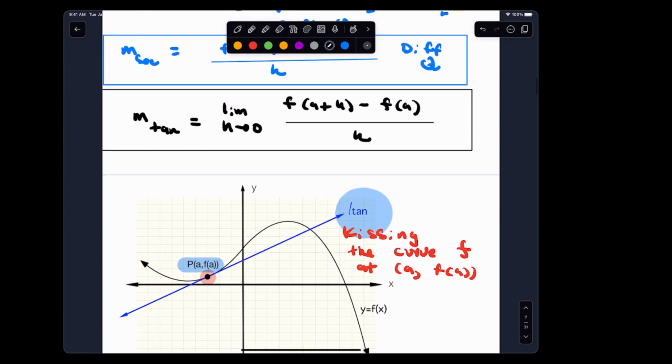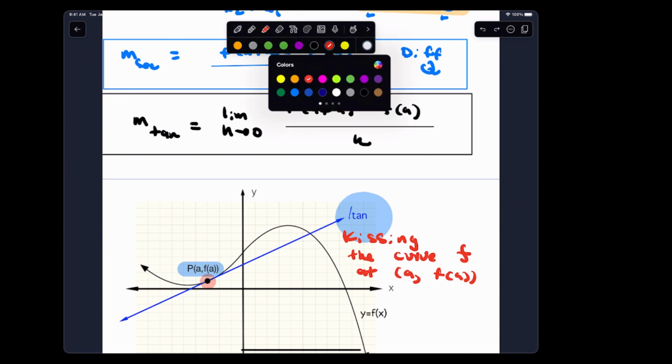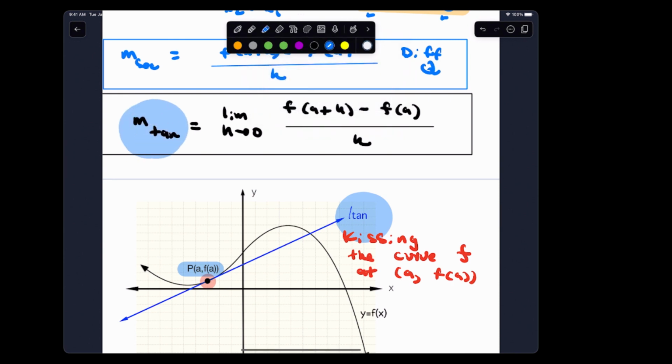Now you say, what in the world is M tangent? Well, it's a couple of things. What's M tangent? What do you guys think about this here? M tangent is the slope. Go back. Let me find the color. What is M tangent?